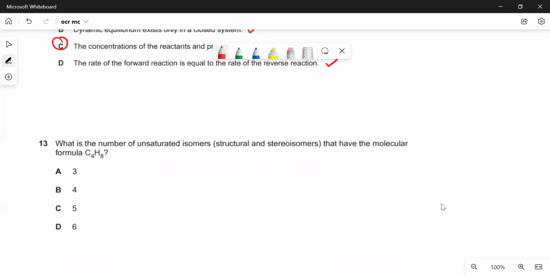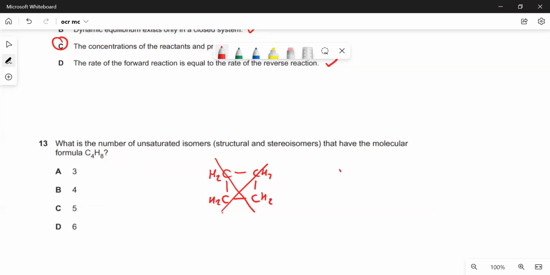Right. What is the number of unsaturated isomers of C4H8? Now, of course, we could have cyclobutane, okay, is an isomer of C4H8, like that. But any cyclo compounds are not allowed because they wouldn't be unsaturated. There's no double bonds in them. So we can forget about all the cyclic things. We just have to worry about the ones with double bonds, okay?